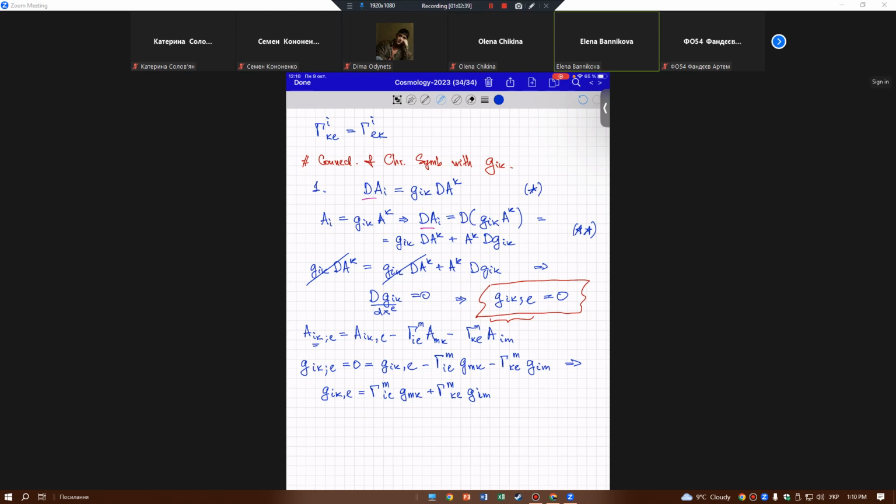What does it mean? I put l here and cyclically, so I will obtain the expression for g_lik.